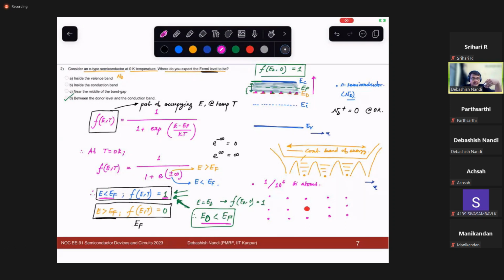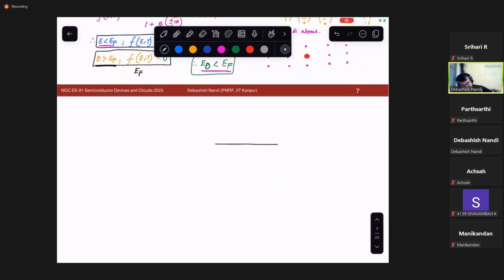It has to be below EC because suppose my Fermi level is at this location. Suppose you have this, right? This is your EC, this is EV, this is your ED, and it contains the electrons.